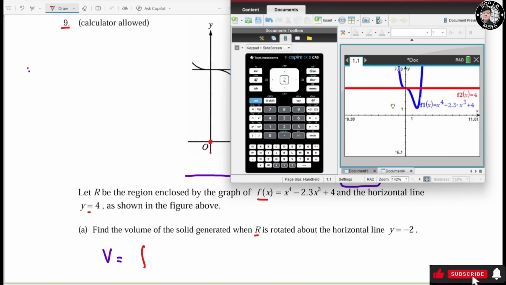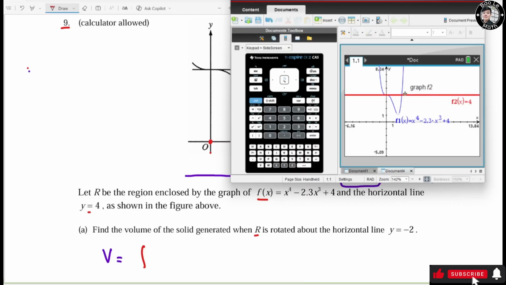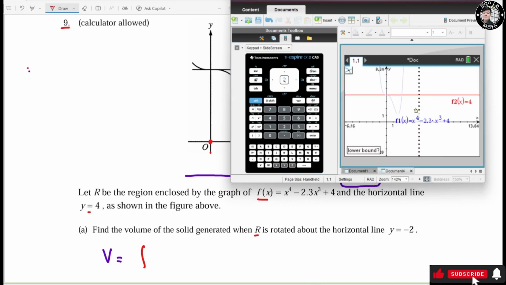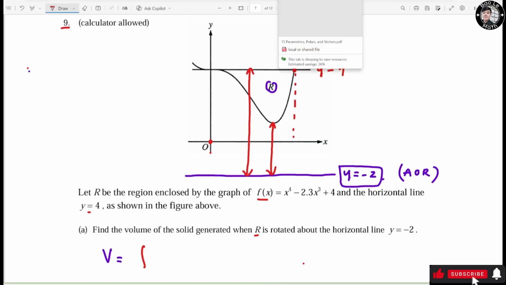It's gonna be right here. Now we need to find the intersection right here. So we're gonna press menu, number 6, number 4, go to the left, go to the right. It's gonna be 2.3.